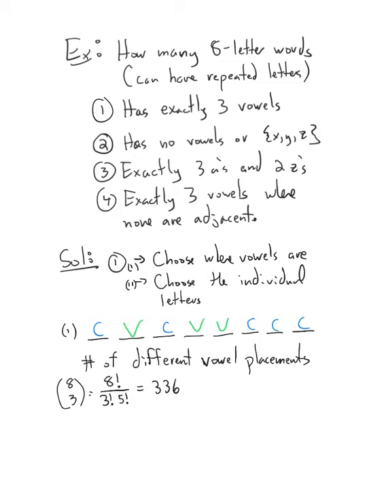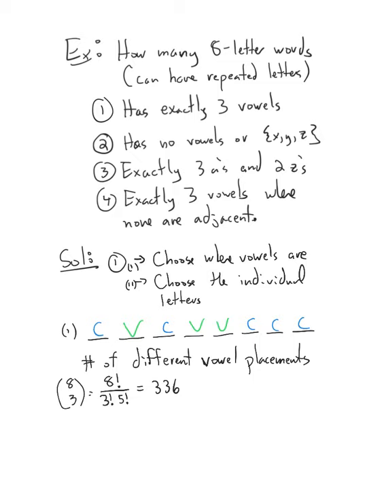So now that we have, let's say we do that and we choose a location, now we just have to choose the letters. Well, how many choices are there for each of the letters? For each consonant, there's 26 letters in total, 5 vowels.